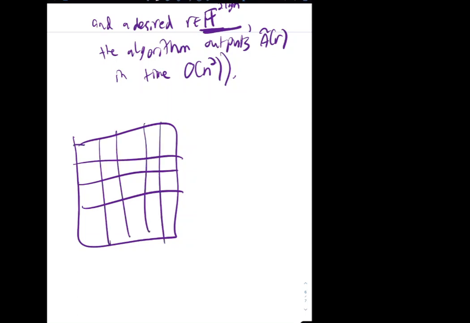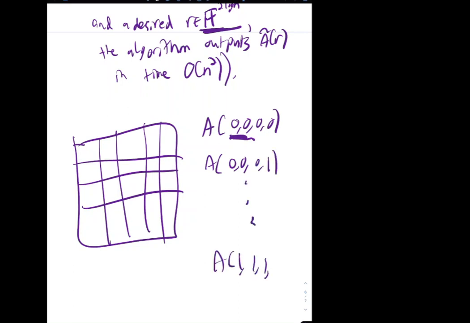I won't write out the whole thing for time reasons, but if your matrix is 4 by 4, so it has 16 entries, the domain then would be 4 bits rather than 2 bits. And we're interpreting top left as 0, 0, 0, 0 and bottom right as all ones, something like that.